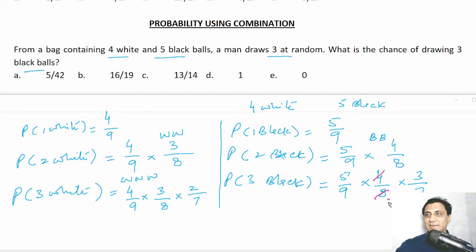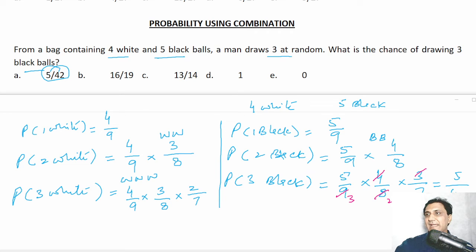4 times 2, 8, 3 times 3, 9. So that will be 5/42. This question has been done, but I want to explain something else.